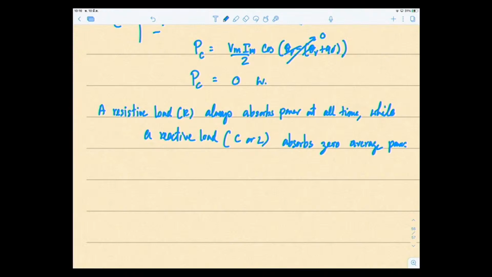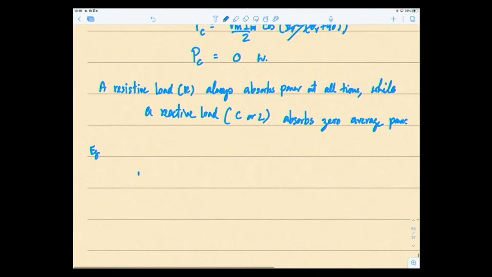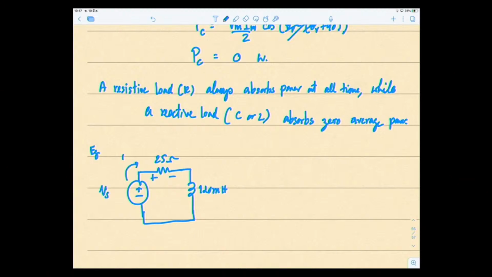Let's look at an exercise to see if that's true with values in a circuit. This is 25 ohms, and this is L, 120 millihenry, and this is Vs, and this is of course the current I going through it, resulting in VR and VL.